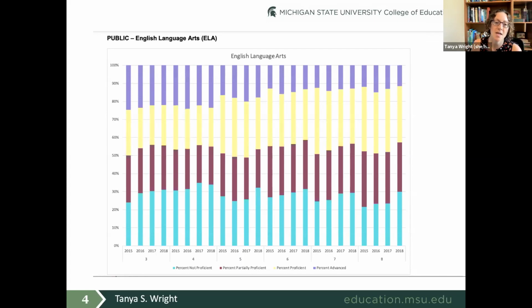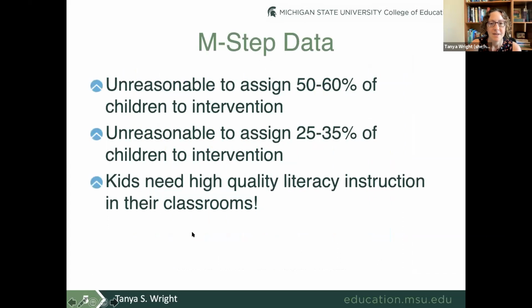So what this is saying is somewhere between 50 and 60% of our kids are not meeting grade level standards, at least according to this assessment. So why is that relevant to our focus on the essential practices being in tier 1? Well, it would be completely unreasonable to assign 50% to 60% of children, those not meeting grade level standards, to receive tier 2 or tier 3 intervention.